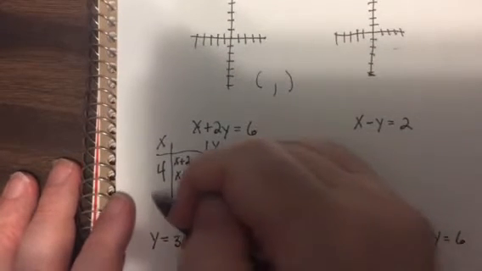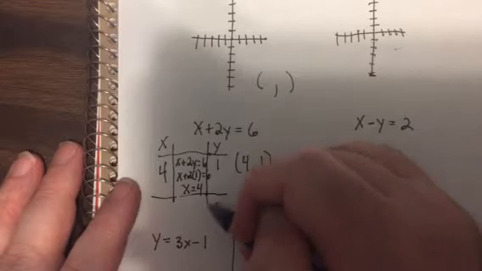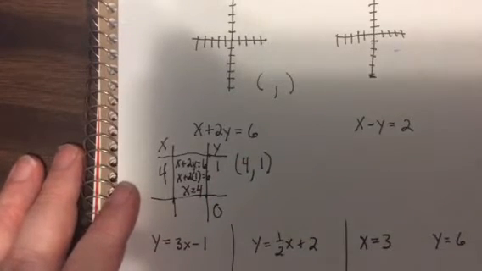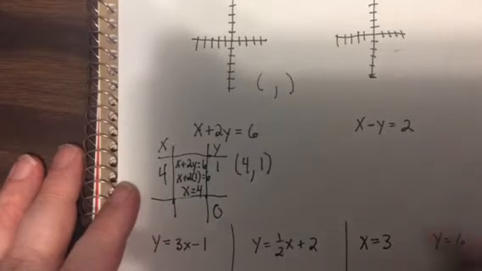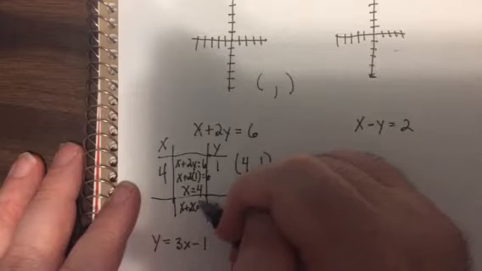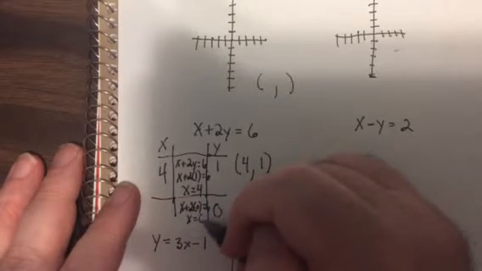Now you can put any numbers you want in. Let's put in 0 for y. Ooh, 0 is a good one. We're going to learn in the part 2 video that that's a very significant number. But we'd have x plus 2 times 0 equals 6. 2 times 0 is 0, so x plus 0 equals 6, so x equals 6.